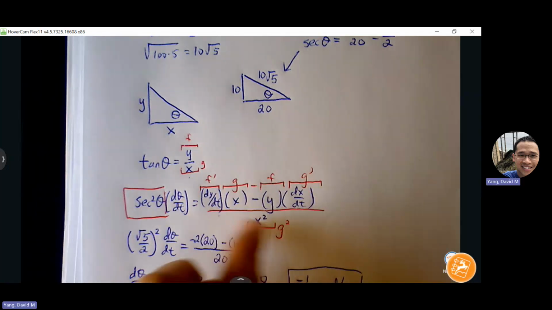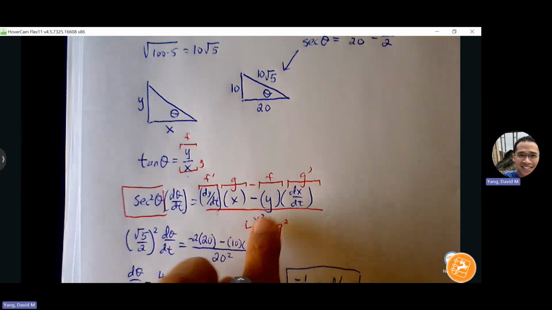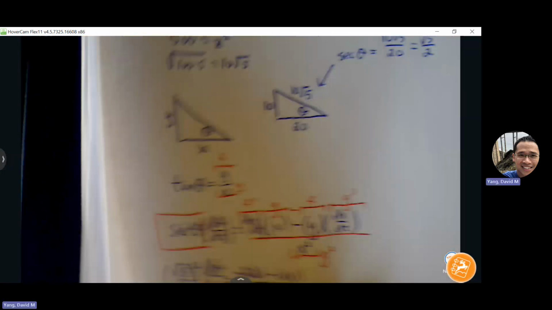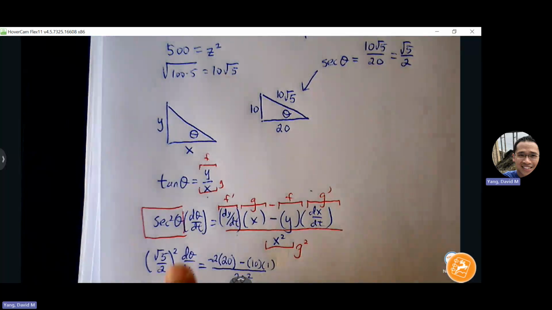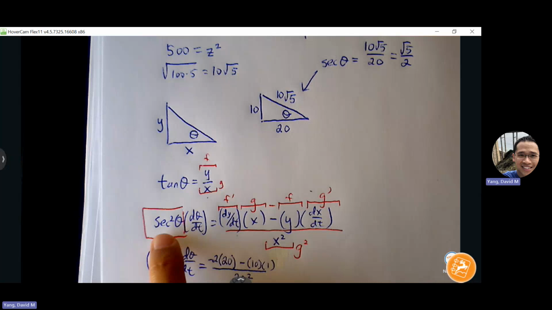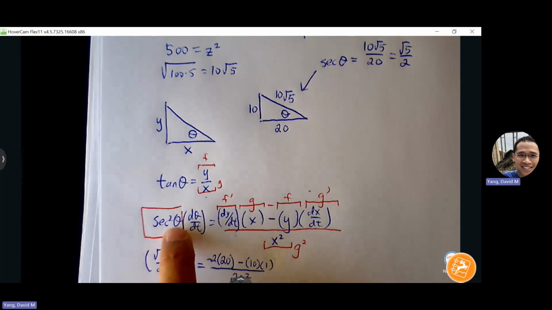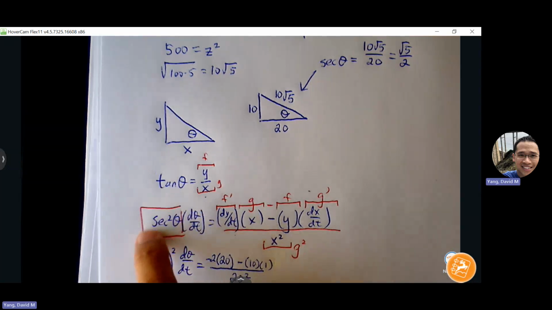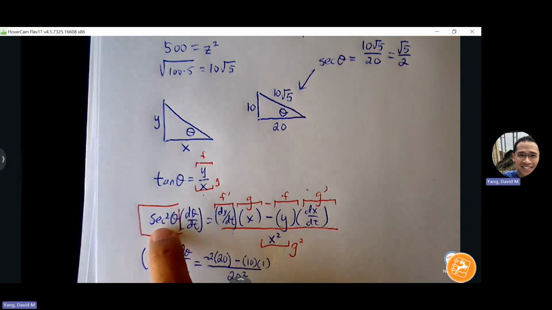Everything on the right here should be ready for us to plug in because we've gathered all that from part A. What's new about trig related rates is having to go through this second set of substitution. Remember, we're not going to know what theta is, and that's not our focus. Our focus is to replace the entire trig function.